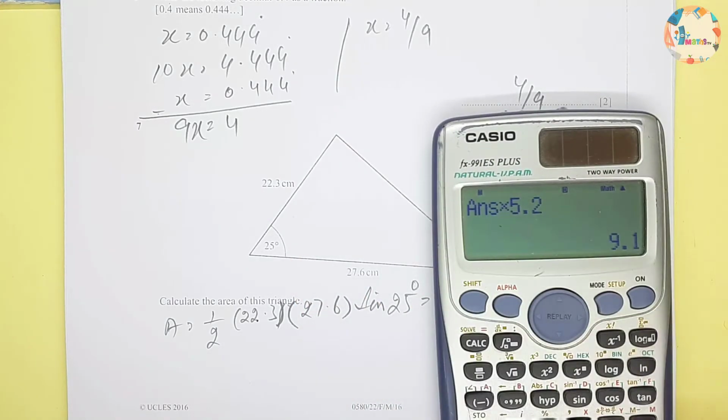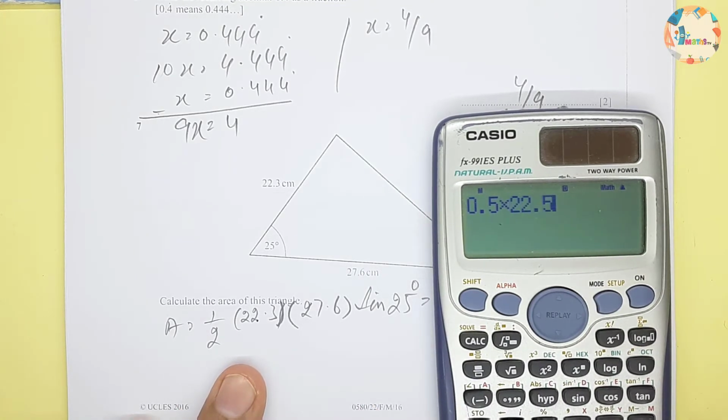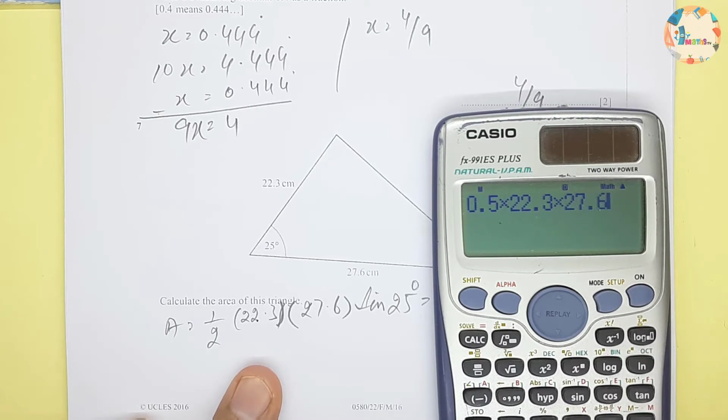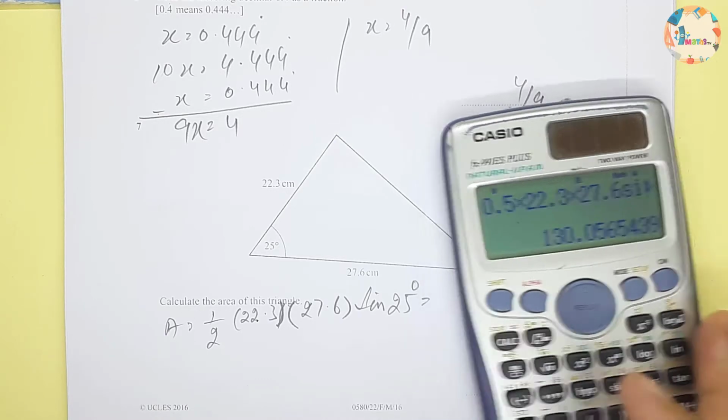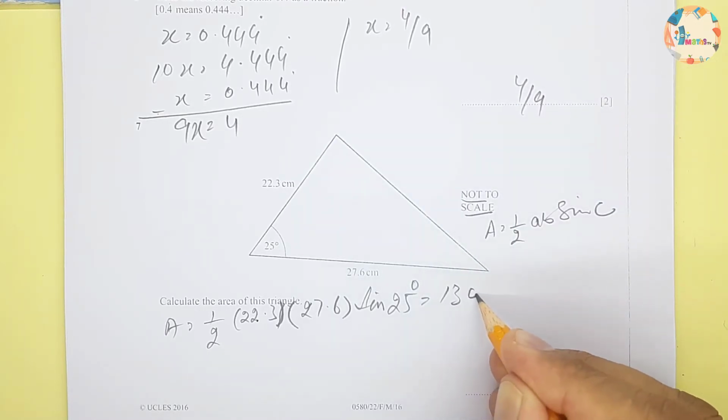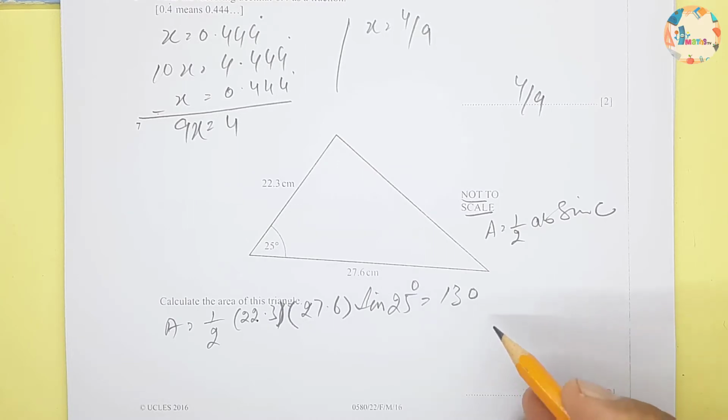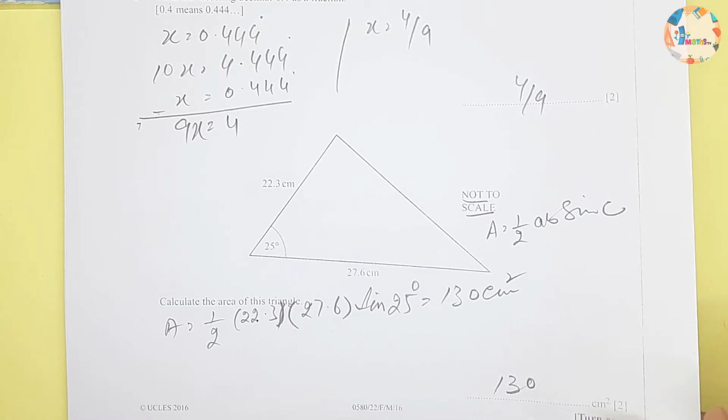So this is 1 by 2 into 22.3 multiplied by 27.6, and then sine of 25. So this will give us 130.0, so 130, basically area in centimeters square. So 130 centimeters square will be our answer.